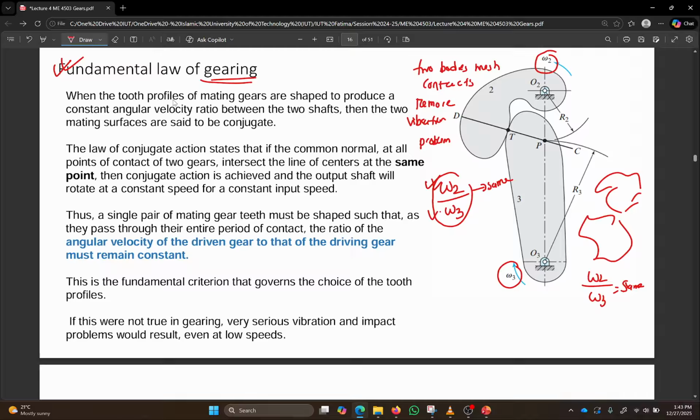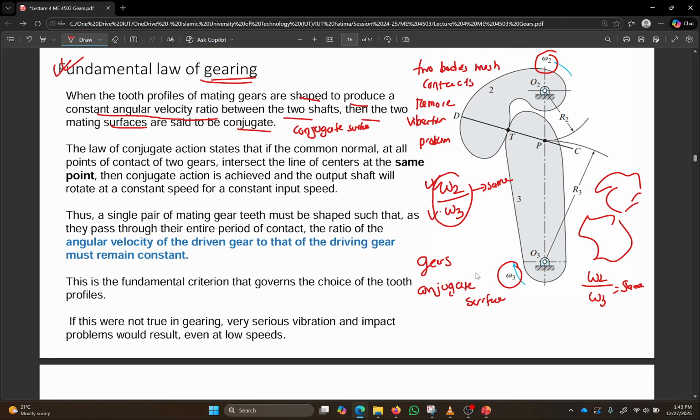When the tooth profiles of mating gears are shaped to produce a constant angular velocity ratio between the two shafts, then the two mating surfaces are said to be conjugate. We call them conjugate surfaces. Whenever I talk about gears, gears are of course conjugate surfaces.